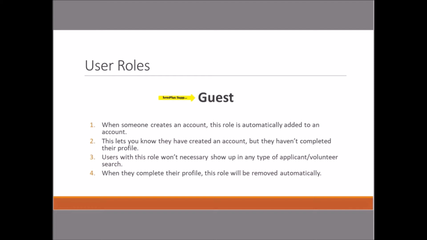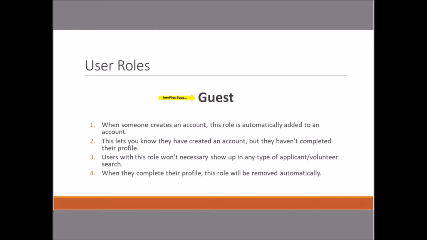In jobs and in volunteer, they have to select the type of applicant they want to be, like a certificated applicant or a classroom volunteer. Then they go through the disclosure and all that, and they finish that. But until they do that, when they just have the guest role, it's a signal to us that they're not complete. We really don't know where to put them yet. Usually, people with the role of guest, you can't find them in the search screen.